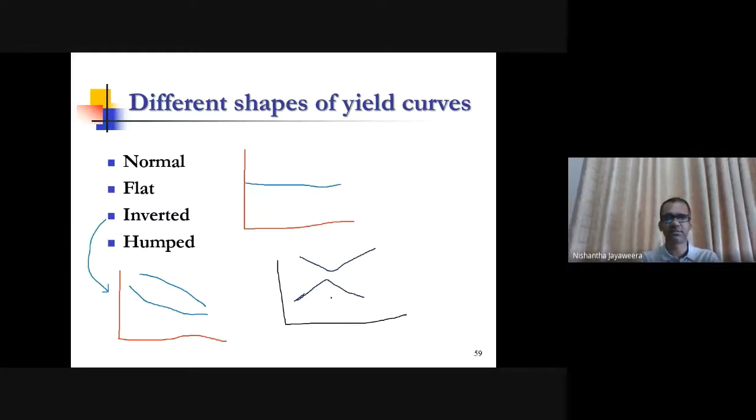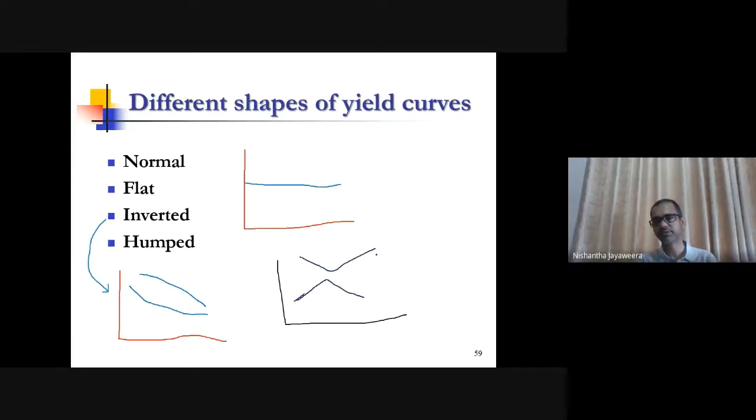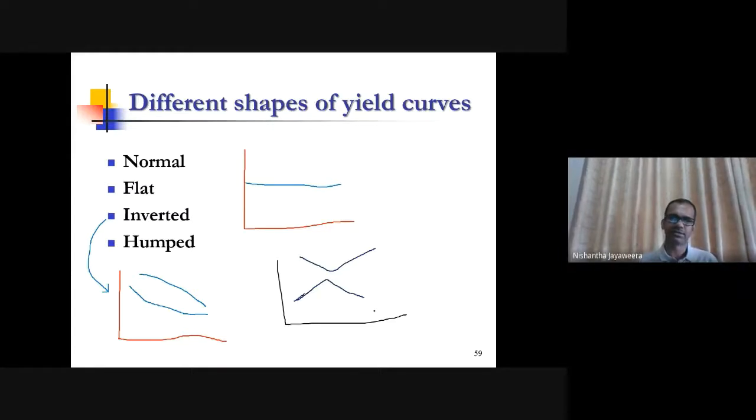Then beyond some point of time, when time to maturity increases, yield decreases. Or it can be the other way: initially, yield decreases with the time to maturity, then starts to increase. So these are the different shapes. There are theories of the yield curves.